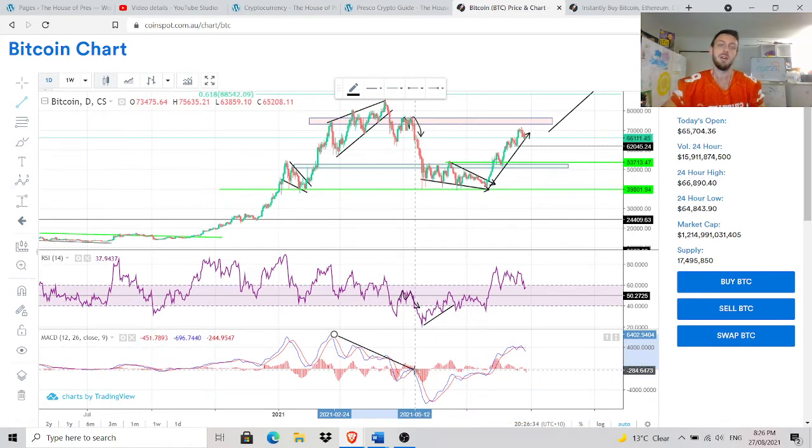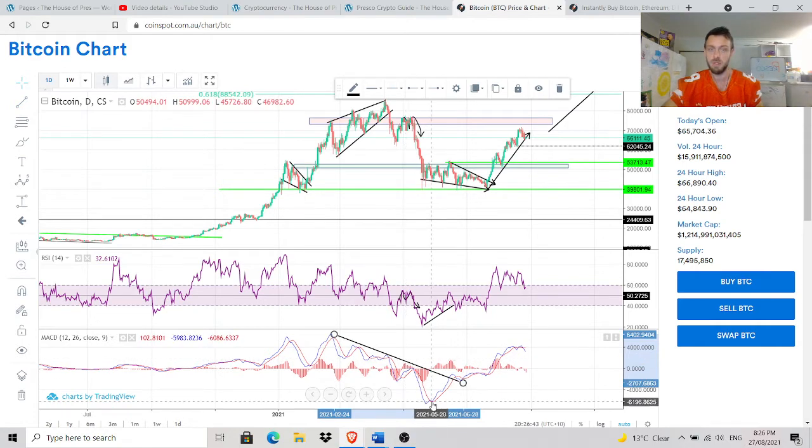Retest. Support broke, now we're retesting it as a resistance, and then bang, we just dropped. And then there, it was kind of like, all right, we're probably done now. We're done, which is why we're making these lows here, and I'm like, oh, we're not bearish anymore. We're more neutral, if anything.